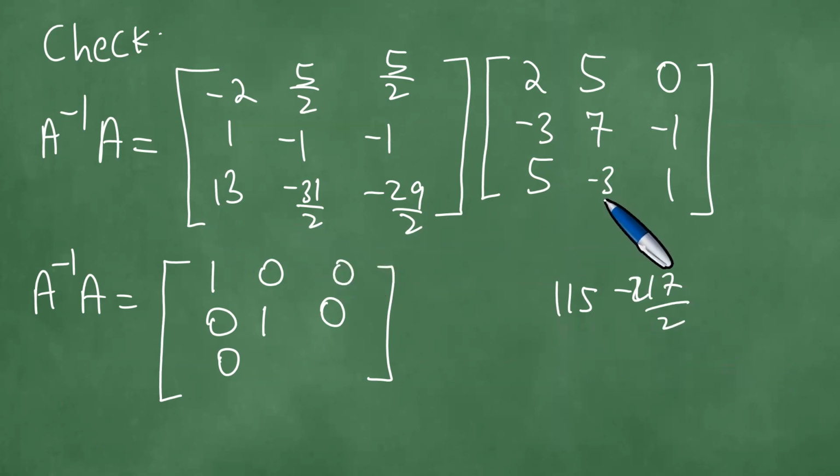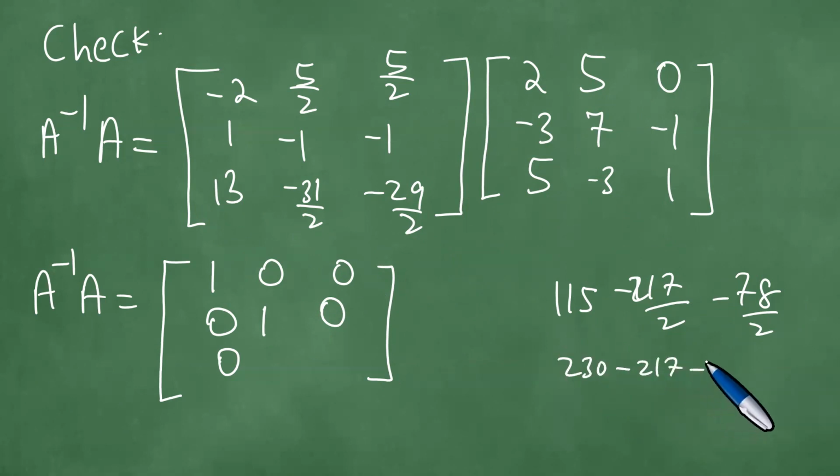And then now this one here is a 60 and an 18, which is 78 over 2. This one is 230 minus 217 minus 78 over 2. Sorry, sir, the last one is not 78, it's 87.